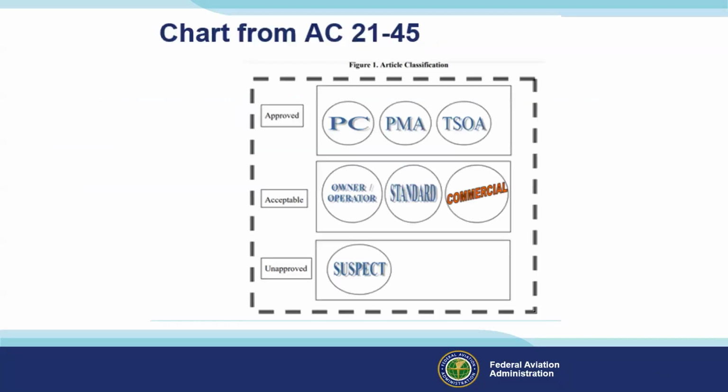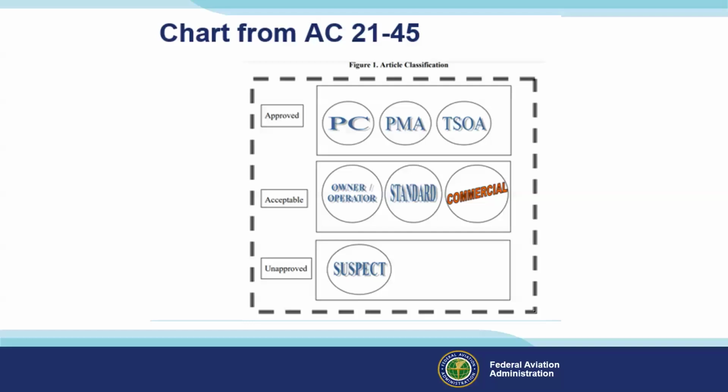Here's a real nice chart from AC 21-45, and it shows approved parts are under a production certificate, PMA or TSO. I would add TC to that also. Those are the 4 approved production methods.